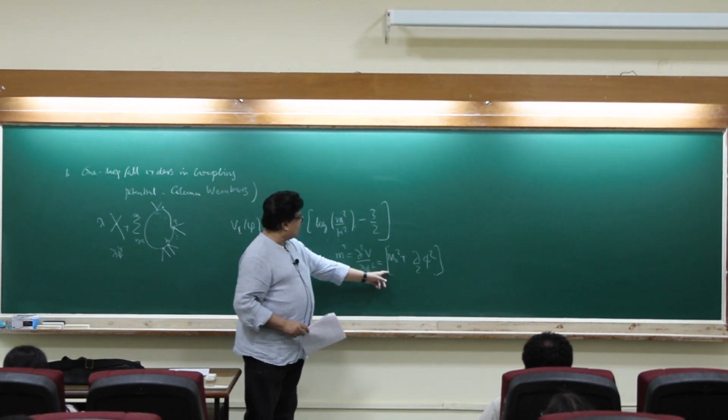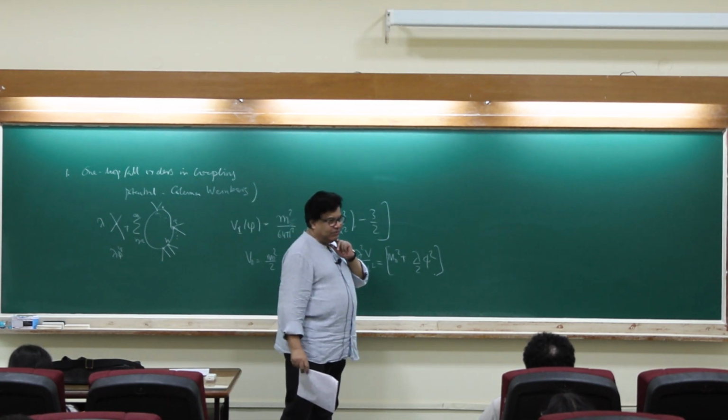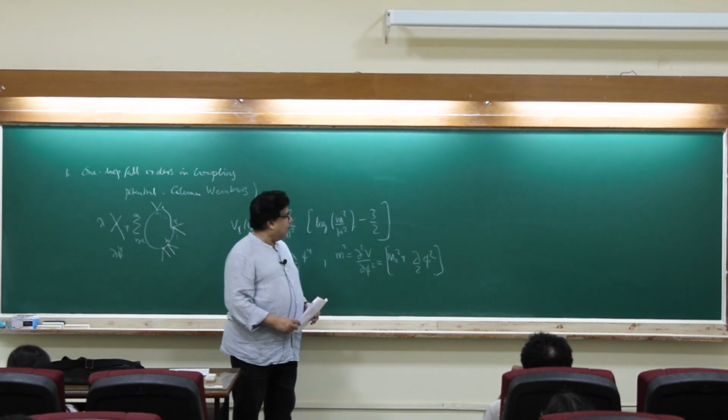If you put this m square in this expression, then you get a potential in this field, and that's a Coleman-Weinberg.